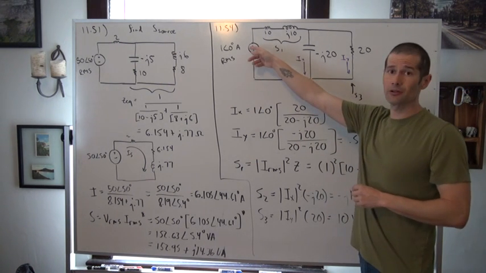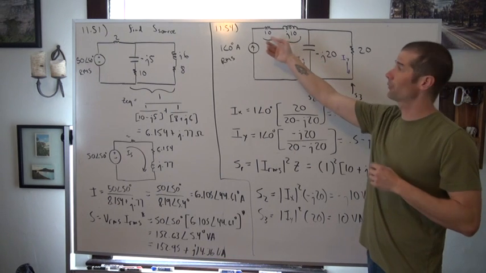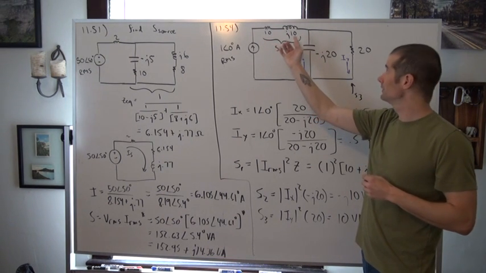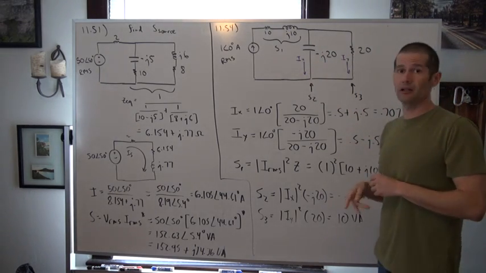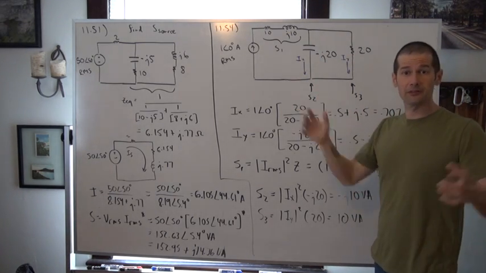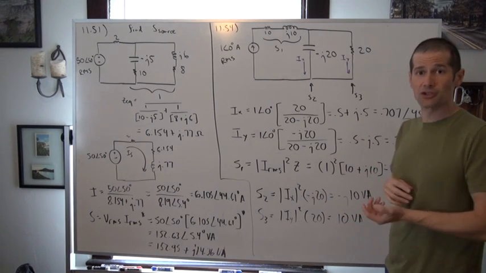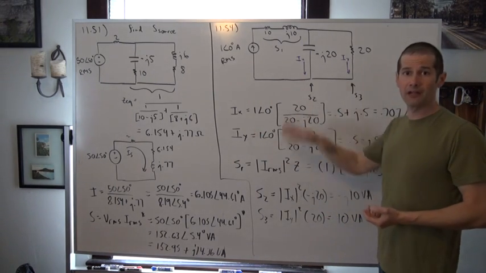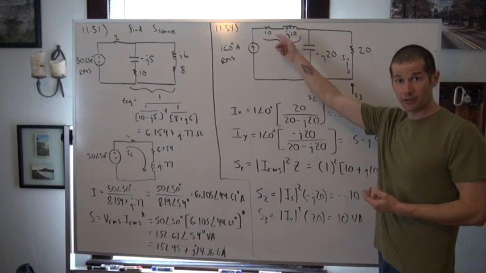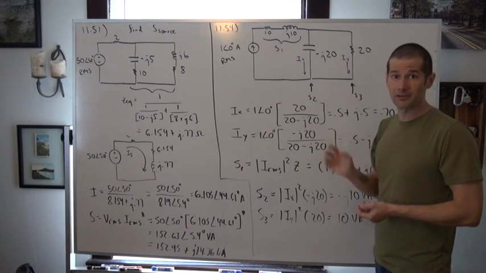Now because we have a current source here, that current's going to flow through 10 plus j10, and then get to the capacitor, get to the parallel resistor, and then split. So we can basically just use current division here. And the first part, we're just going to find the current in both branches. We already know the current that's actually in that series impedance up there.